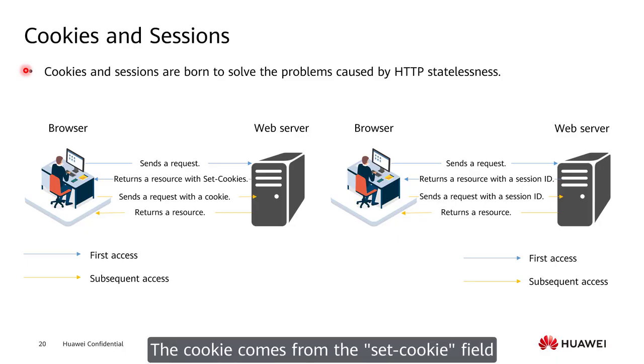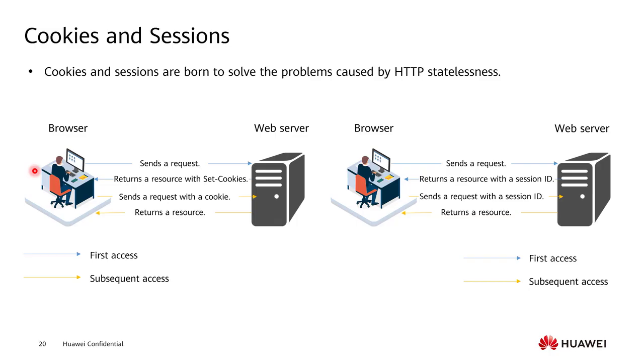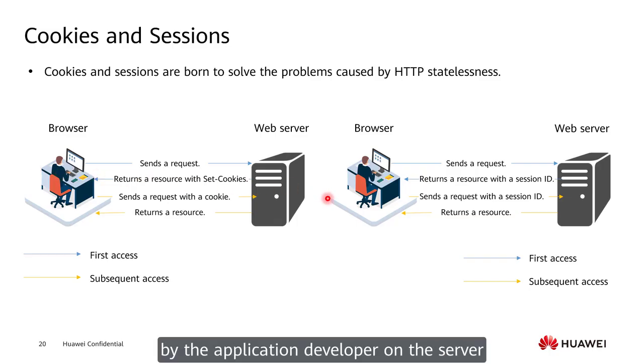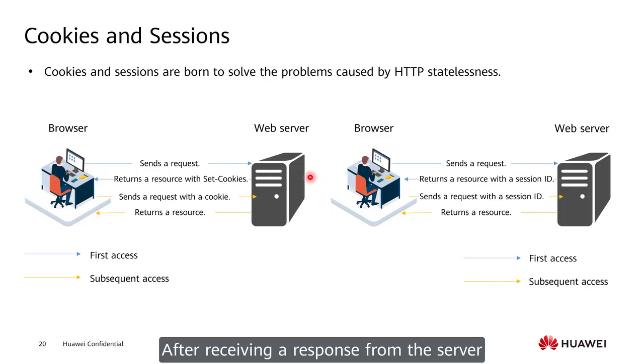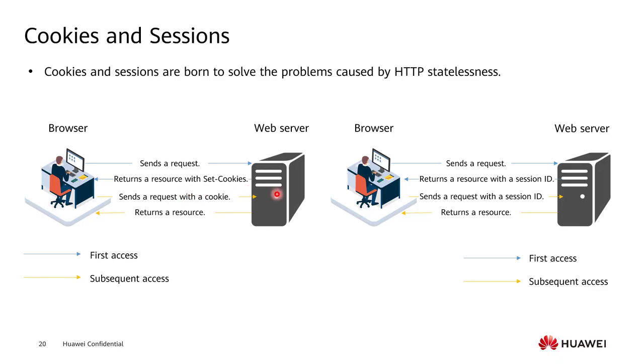The cookies come from the Set-Cookie field in the web server response header. This field is constructed by the application developer on the server. After receiving a response from the server, the client saves this file locally. When the client accesses the server later, the client automatically carries the cookies information of this field.